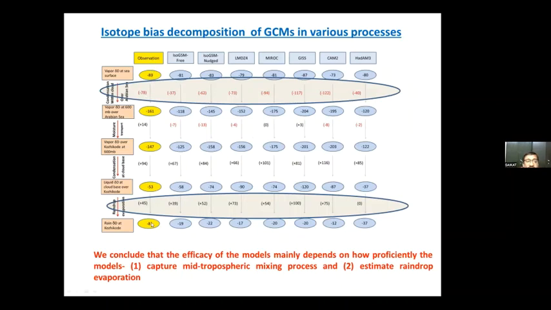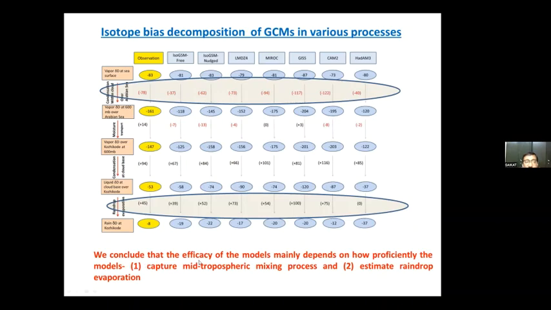This is the observed quantification, and this is how the models perform in the different phases: right at the sea, at 600 millibar over the sea, at 600 millibar over the rain sampling location, the liquid that forms over the rain sampling location, and finally the rain isotope values that we collected at the rain sampling location. You can see this is the departure of the model values compared to observations. One can see here that the major biases are coming from the mid-troposphere.